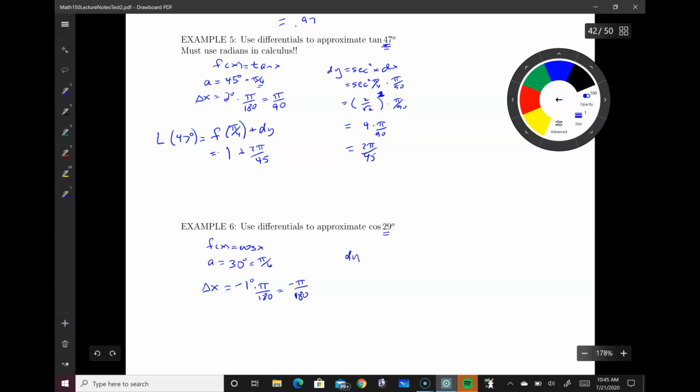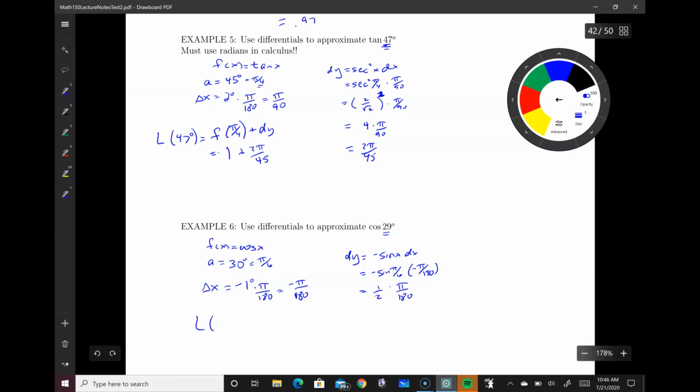All right, so dy is the derivative, so negative sine of x dx. So I have negative sine of pi over 6 times the negative pi over 180. So I can see that the two negatives are going to cancel out. Sine of pi over 6 is 1/2. So I have a 1/2 times pi over 180 for my dy.